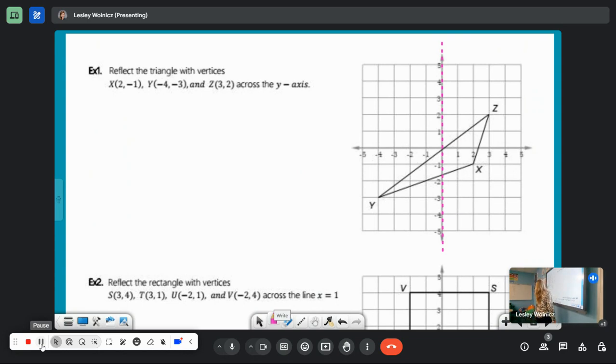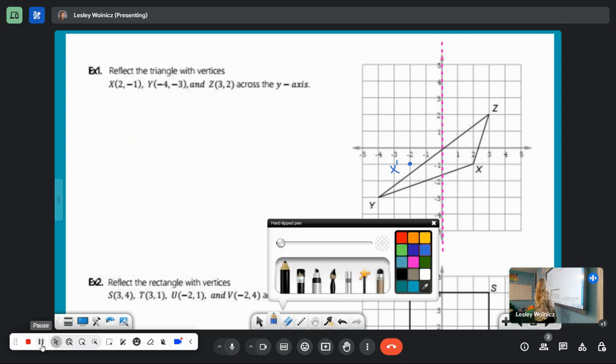Okay, let's start with x. If I go perpendicular to my line of reflection, how far to the right is x? Okay, so how far to the left will x prime be? Did I need a rule for that? Nope. It may almost be easier without the rule for some of you. All right, look at y.